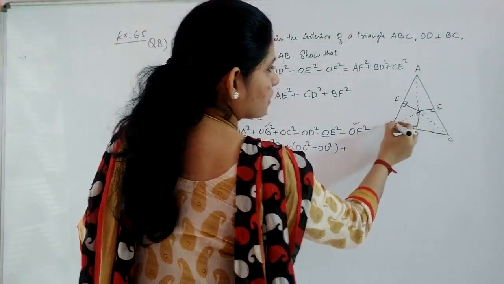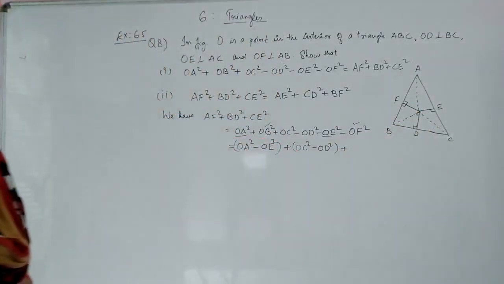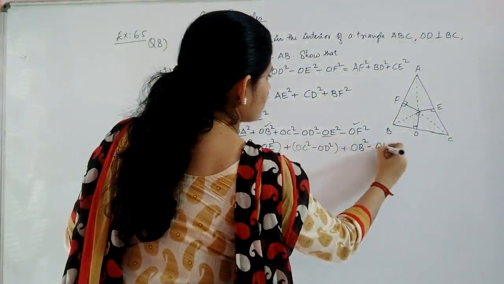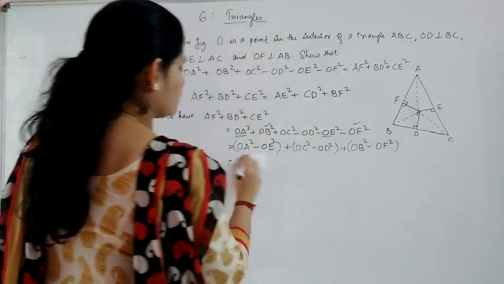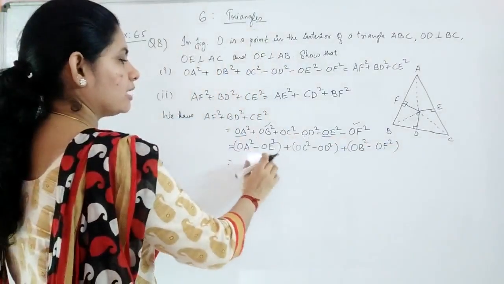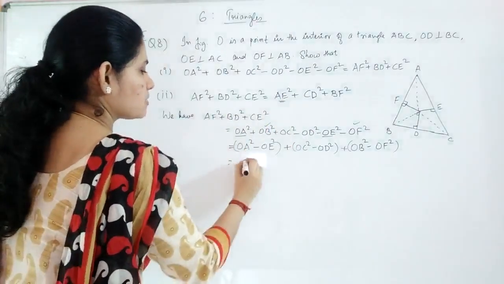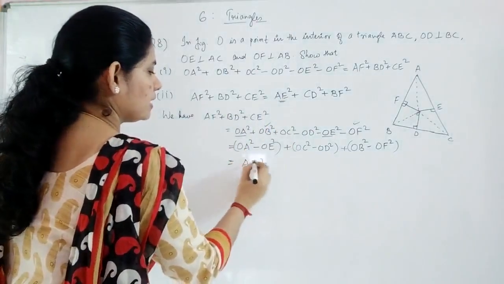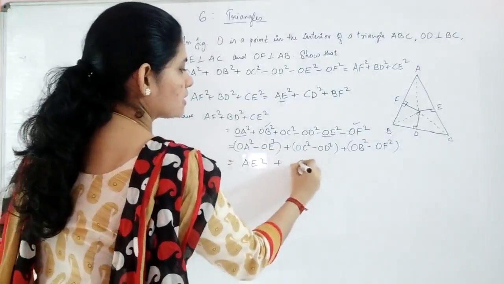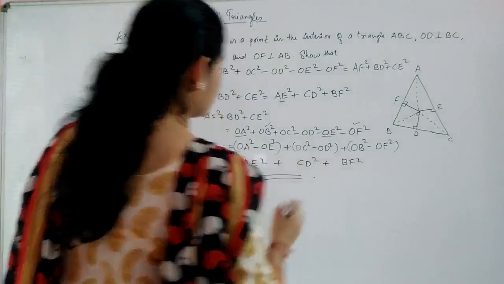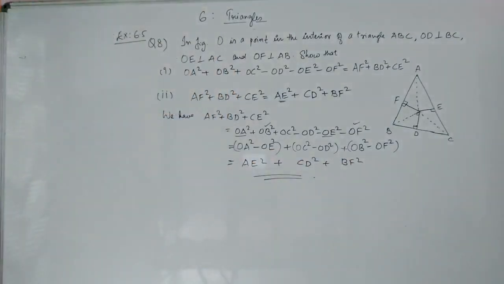So BF square will give you OB square minus OF square. So we have just arranged them so that we can collect them and replace. So it will be AE square, then here you will get CD square, and here you will get BF square. So you have proved AF square plus BD square plus CE square is equal to AE square plus CD square plus BF square.